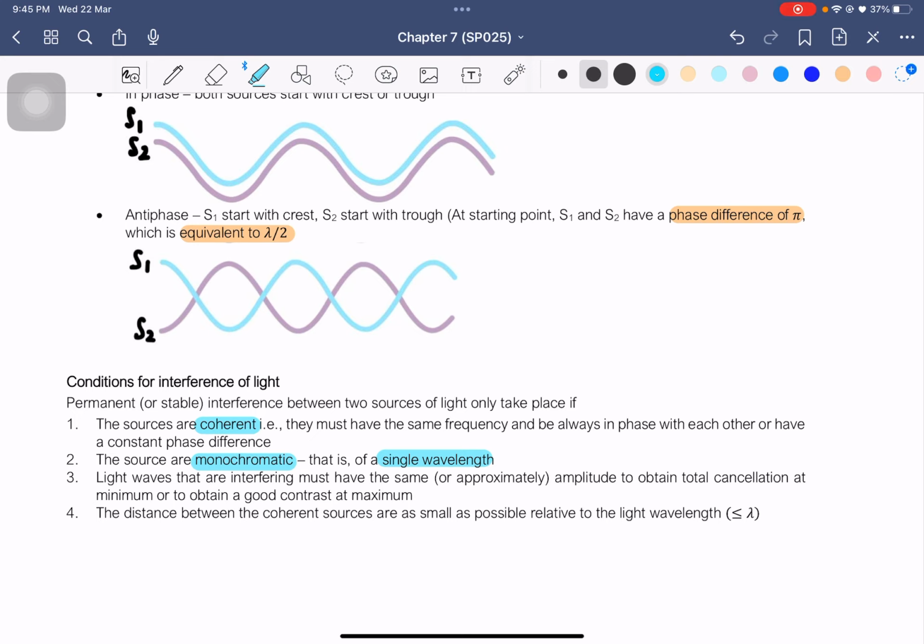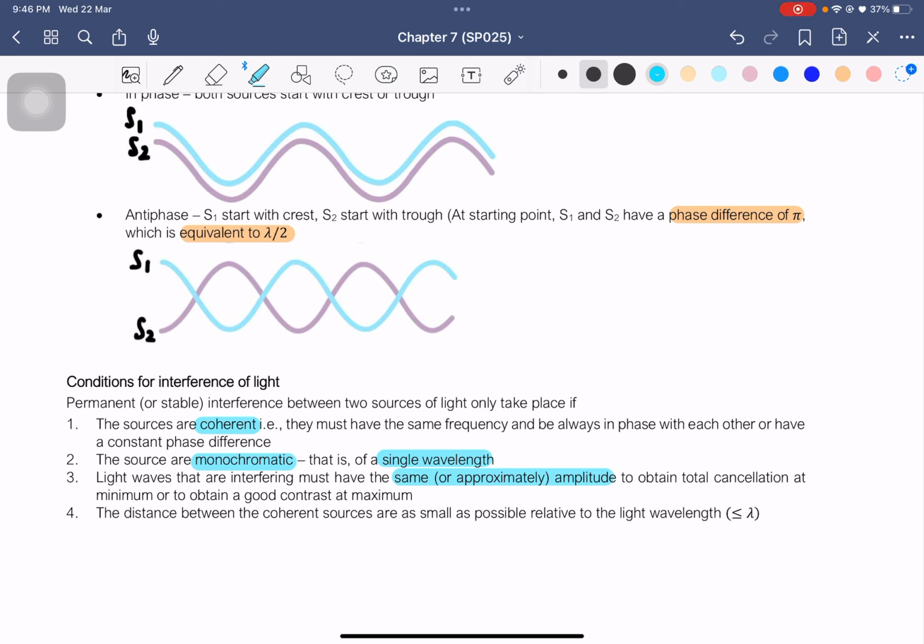The third one, the light waves that are interfering must have the same or approximately the same amplitude to obtain total cancellation at minimum or to obtain a good contrast at maximum. And lastly, the distance between these sources should be as small as possible relative to the light wavelength. So it cannot be greater than the light's wavelength.